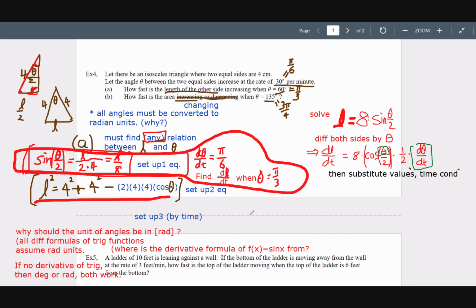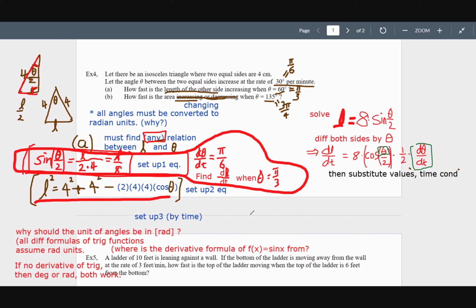But now remember, when you use a calculator and let's say you check the area when theta is 135, and check the area when the angle is 136, and the difference is only 1 degree. But when you check the rate of area, you cannot use degrees.